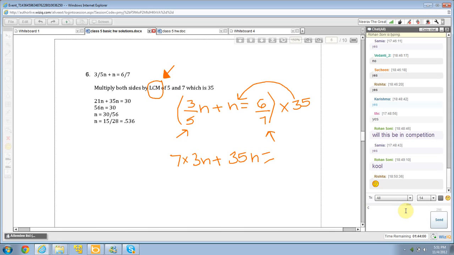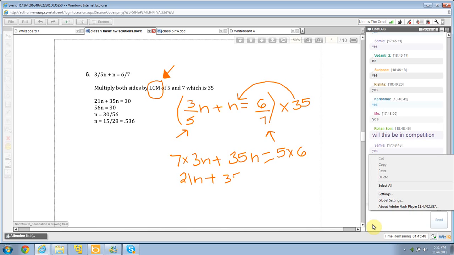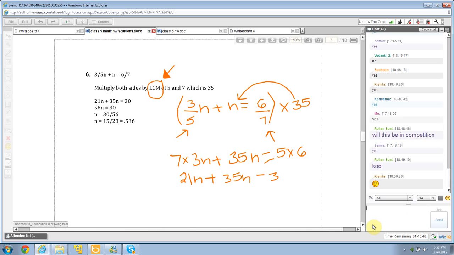You can cancel the 7 in the denominator with the 35, because 7 goes into 35 5 times. So that becomes 5 times 6. When you simplify this, you get 21n plus 35n equals 30. Then you add that, so you get 56n equals 30. Divide both sides by 56, and you get n is equal to 15/28, or 0.536.